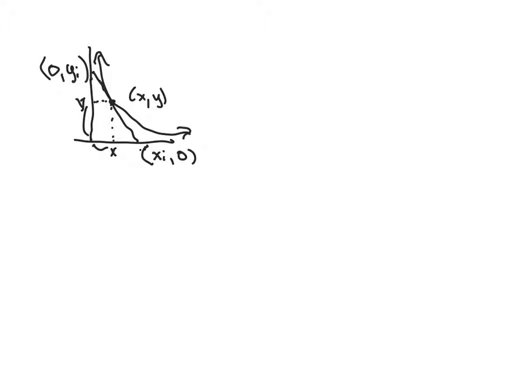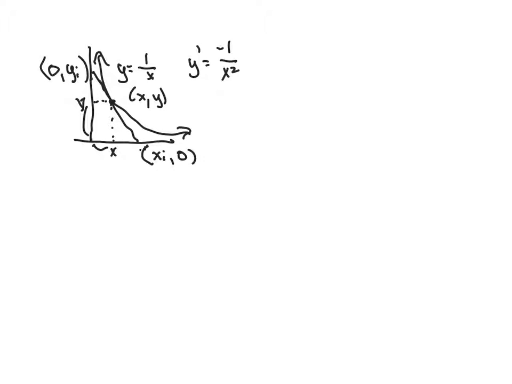You already know that the slope at any point on this line 1 over x is negative 1 over x squared, using the limit as the function goes to 0.